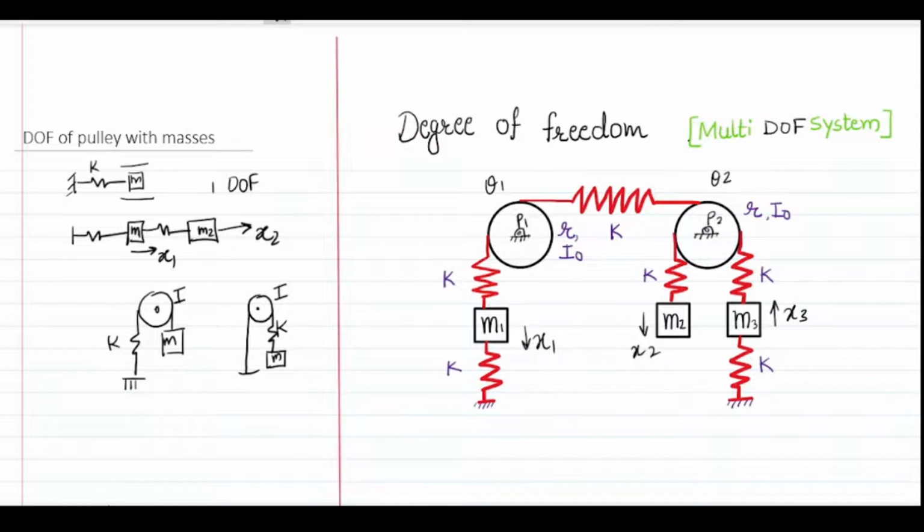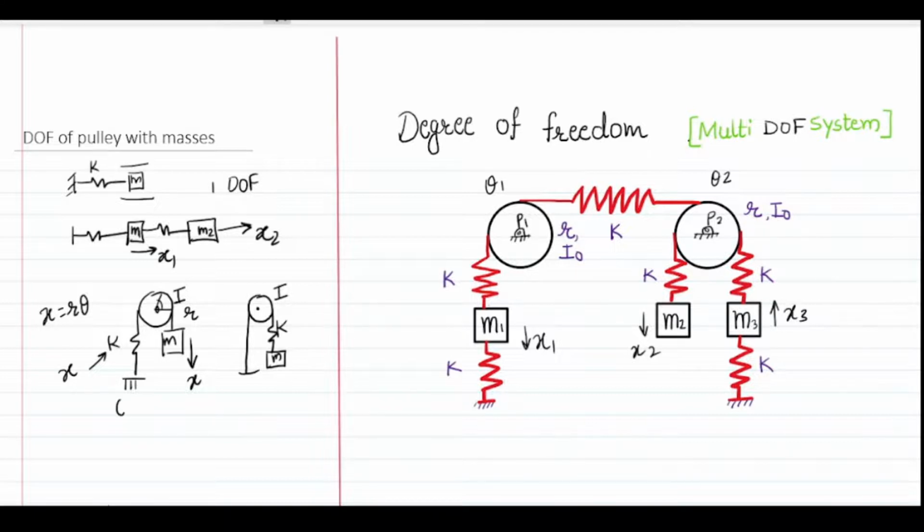We can understand here. If I give a motion x here, will you be able to define the rotation of this pulley if the radius of the pulley is given? Yes. If there is no spring connected between the mass and the pulley, the string is inextensible. I can simply say that x is equal to r theta, and the deformation in the spring will also be x here.